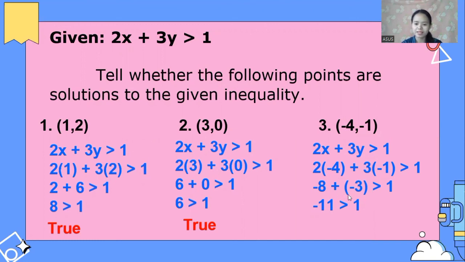Negative 8 plus negative 3 is greater than 1, then negative 11 is greater than 1. So we see that this statement is false, meaning the ordered pair negative 4 and negative 1 is not a solution to our given inequality, which is 2x plus 3y is greater than 1.